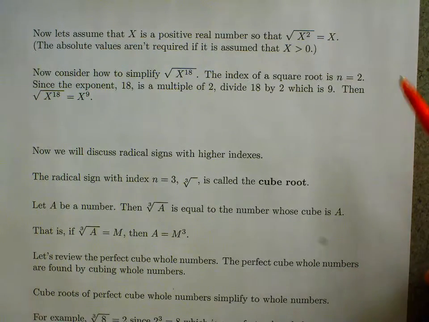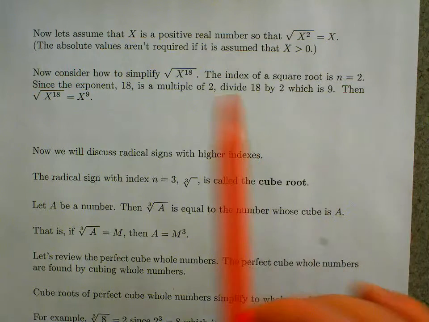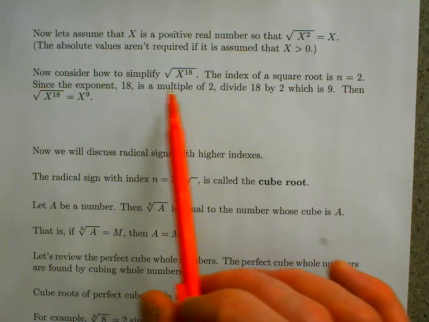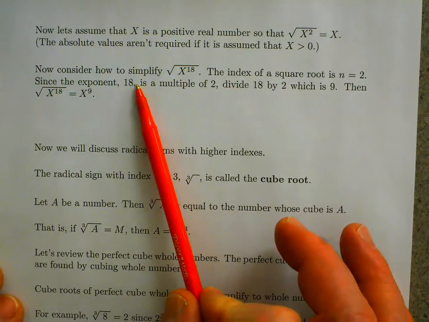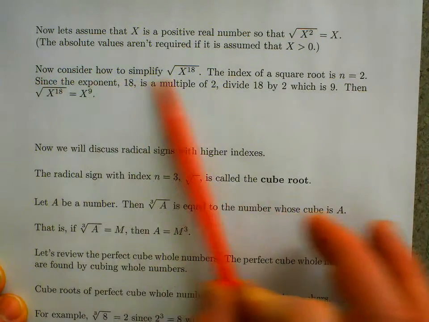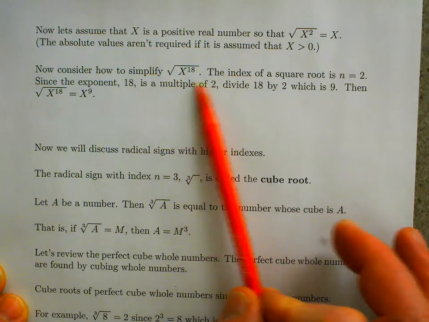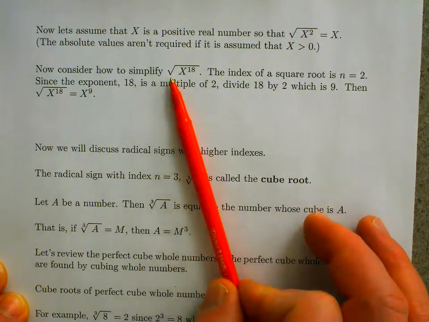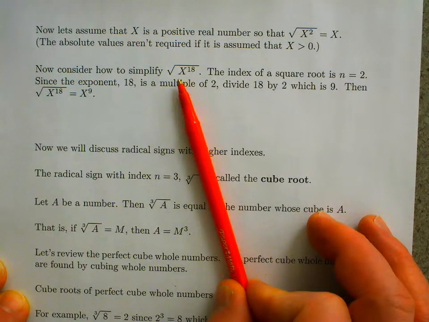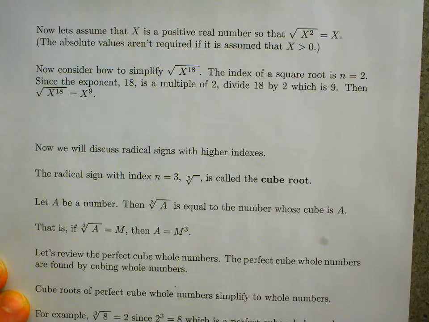We've seen some examples of how to simplify square roots of perfect squares, but on this one, I'll go into some more detail. Let's consider how to simplify the principal square root of x to the 18th. And we're assuming that x is positive.